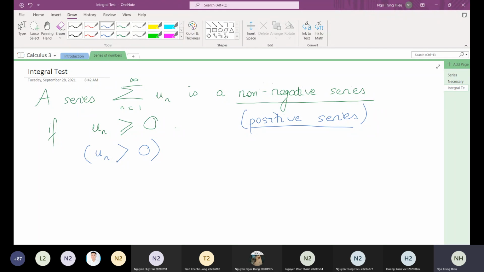So we have a theorem for positive series called the integral test.